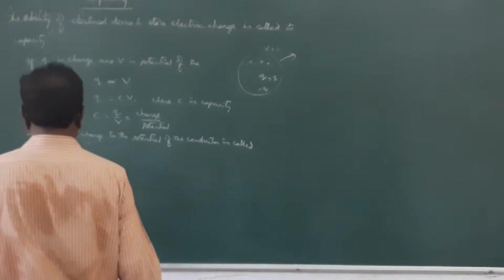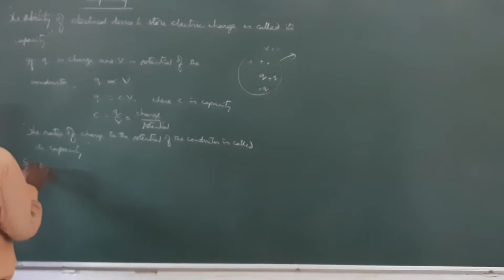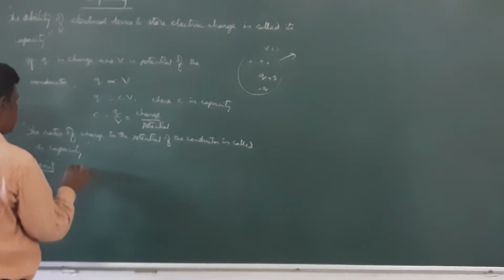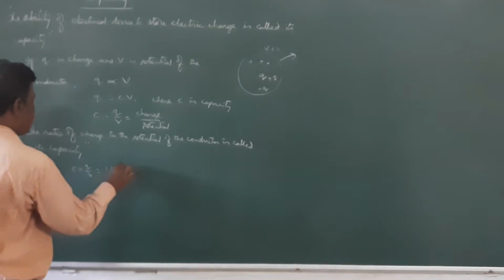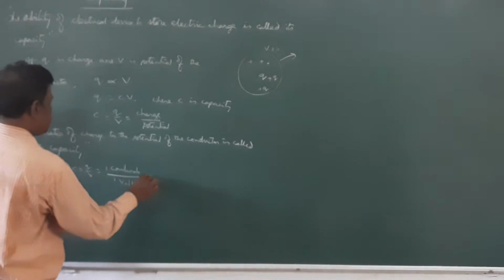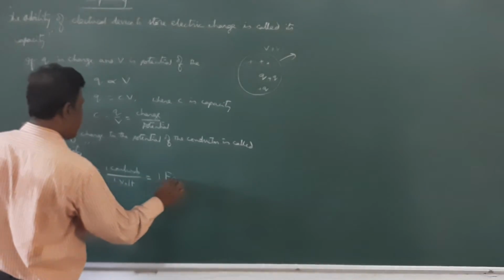Now, this capacity is measured in terms of SI unit. If charge is equal to 1 coulomb, C is equal to Q by V, 1 coulomb divided by 1 volt, that is equal to 1 farad.